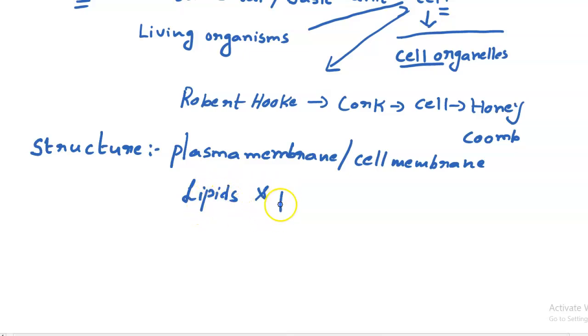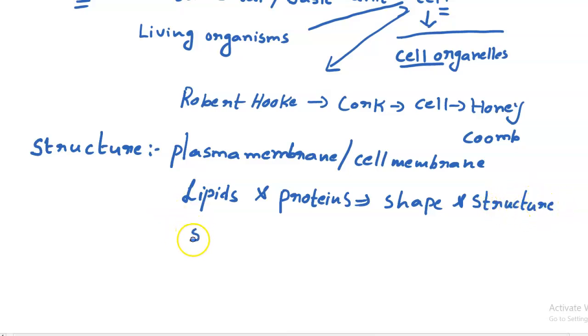These lipids and proteins help the plasma membrane maintain the shape and structure of the cell. They also allow the plasma membrane to remain semi-permeable.